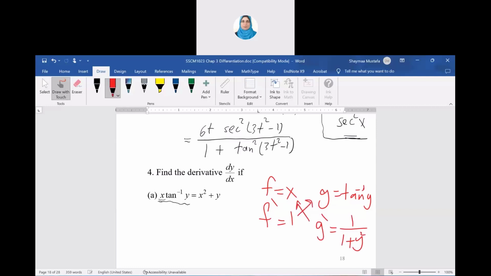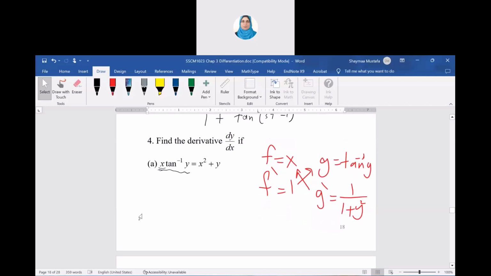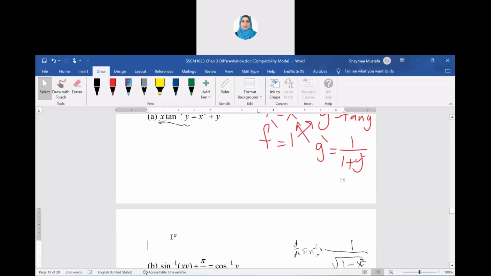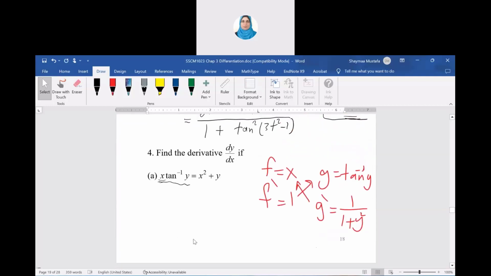So the first term will be equal to the derivative for g times f, which is x over 1 plus y squared, the derivative for g times f, plus the derivative for f times g, plus tan inverse y, equal to. So this is the derivative for the first term.